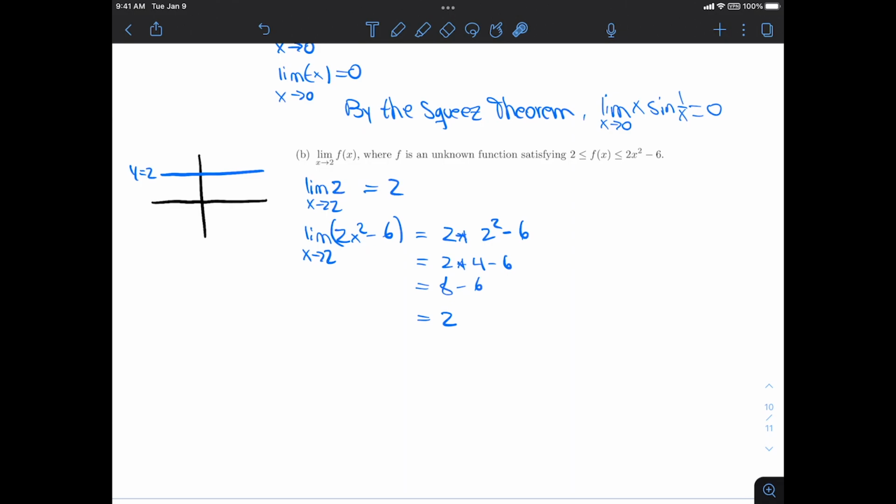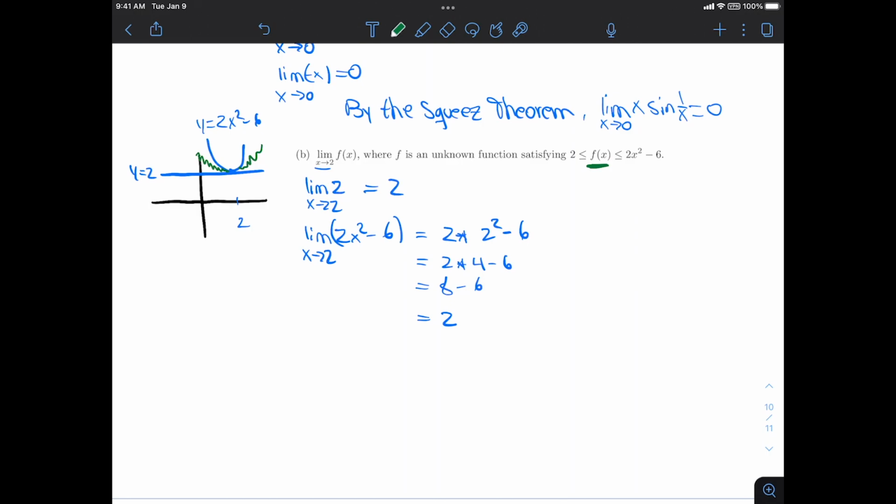I don't quite care whether this is above or below or the shape of the parabola precisely, but near 2, let's say the parabola is like this. It is not, but let's pretend. So this is y equal to 2x squared minus 6. Because the function in the middle, which is going to be my green function, is forced to be between these two, it doesn't matter what it looks like.